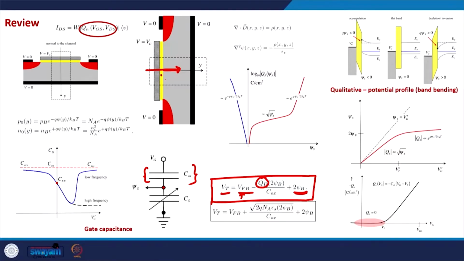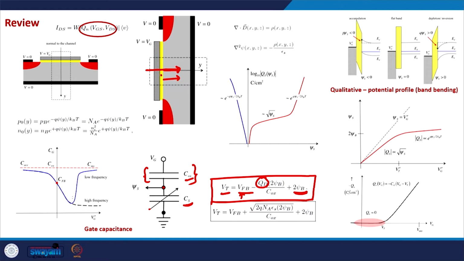So the semiconductor is a voltage dependent capacitor in a way, and that is why we see here that this gate capacitance is a series combination of oxide capacitance and a voltage dependent semiconductor capacitance, and it is frequency dependent, which we discussed last time.